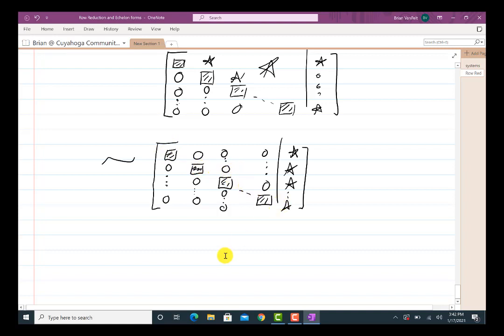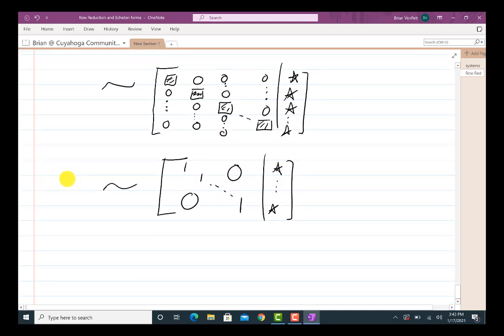So I can change all of these to ones simply by dividing out these items. And so when you do that, I'm able to get something like this. We'll have ones along the diagonal, and we'll have zeros elsewhere, and you'll have numbers over here. So you can see this implies that we have a unique solution.